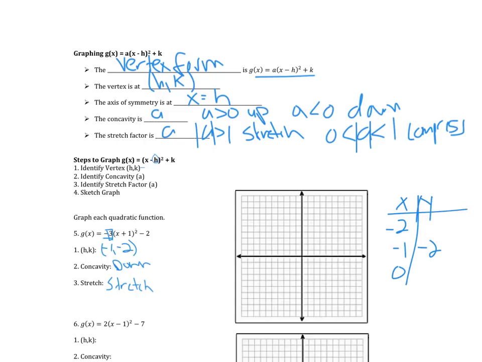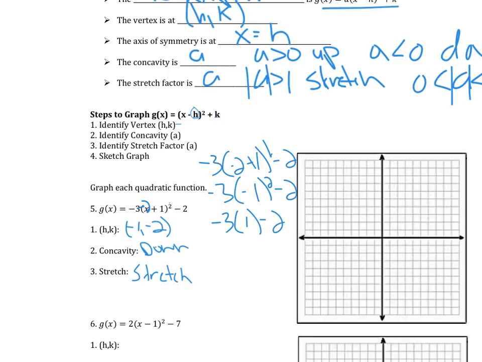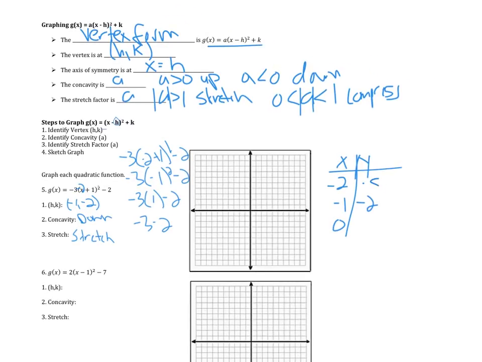As I substitute negative 2 in, negative 2 plus 1 is a negative 1. And I'll write all this out. So we get a negative 1 inside here. Negative 1 squared is 1. 1 times negative 3 is negative 3, minus 2 is a negative 5.